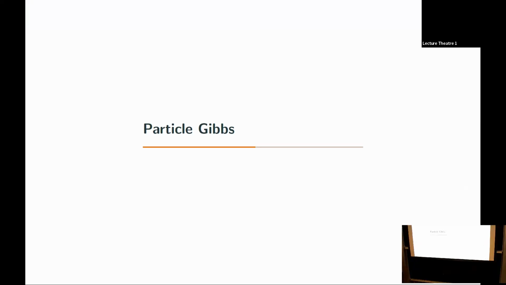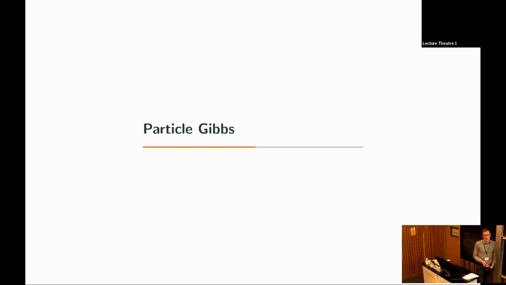So what we've done now is to construct this conditional importance sampling procedure. I showed you that it's a Markov kernel, and we also proved that this Markov kernel is a valid MCMC kernel for the target π. So what we'll do next is to generalize this from importance sampling to SMC.